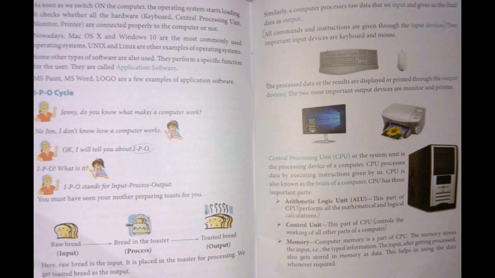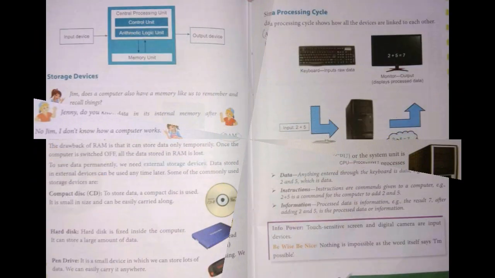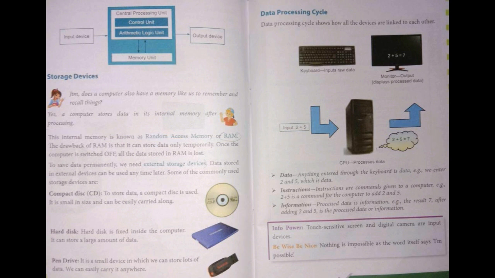Like we have a brain to store all our information, computer also has its memory to store all the information in it. Now, the internal memory that a computer has is known as random access memory, or in short, RAM.